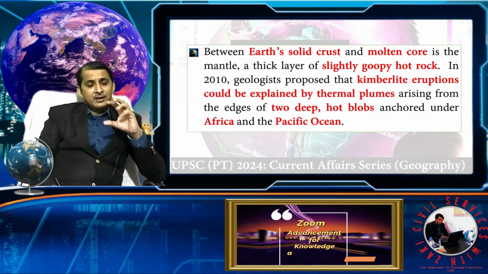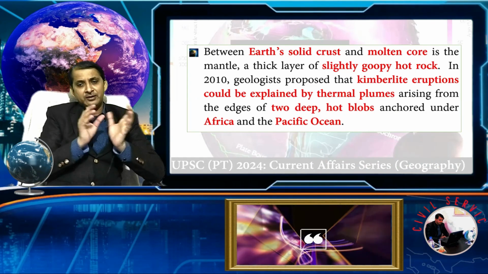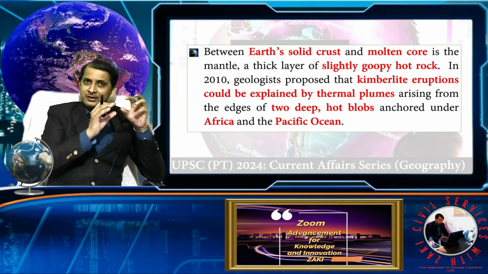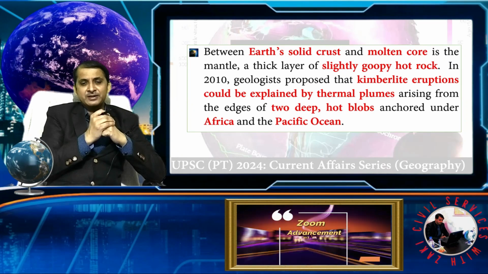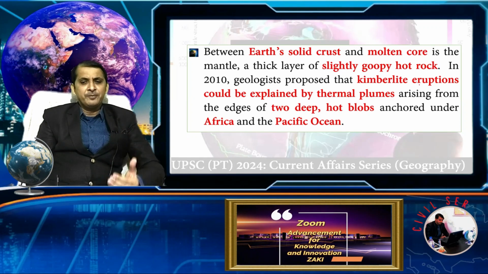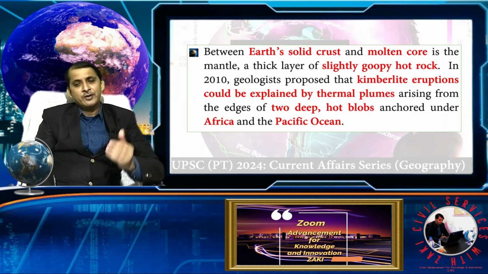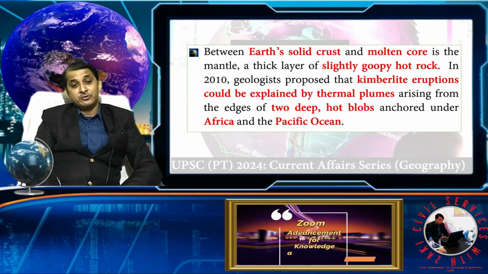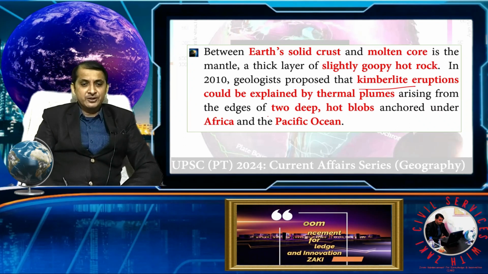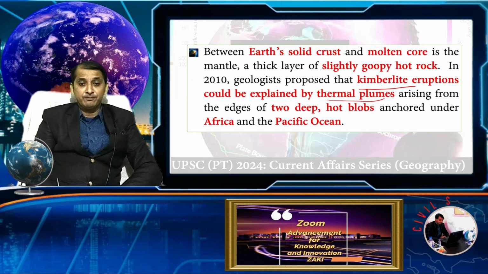Between the Earth's solid core and the solid crust, and the molten core, as you know, the mantle is present, and as we know, the mantle is a slightly goopy hot rock. In 2010, geologists proposed that kimberlite eruptions could be explained by thermal plumes.